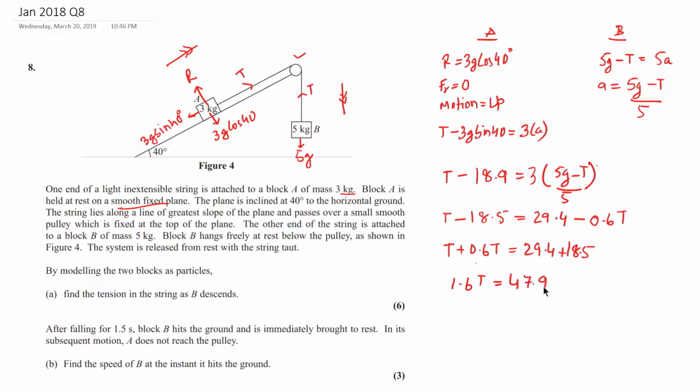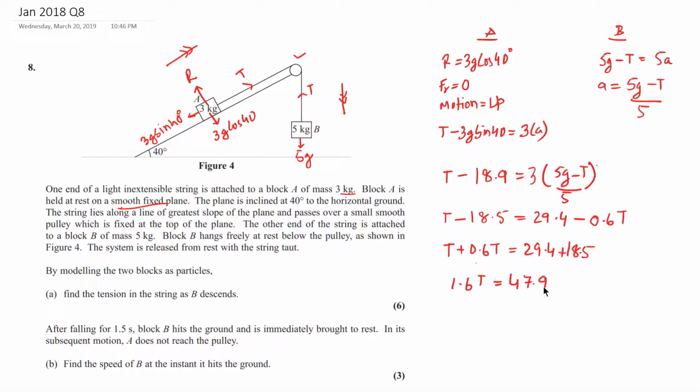After that, the string will become slack and A will keep moving until v becomes 0. So we need to divide the maths into two parts: before B hits the ground, and after B hits the ground.